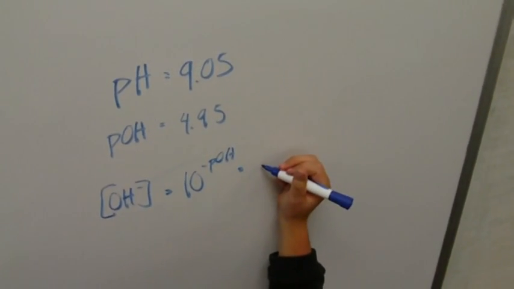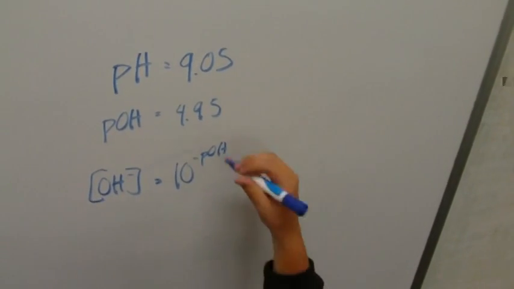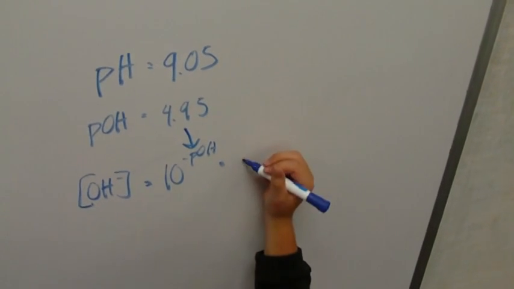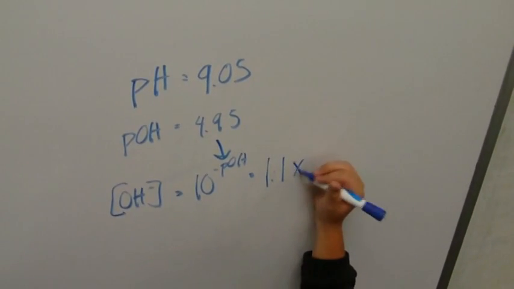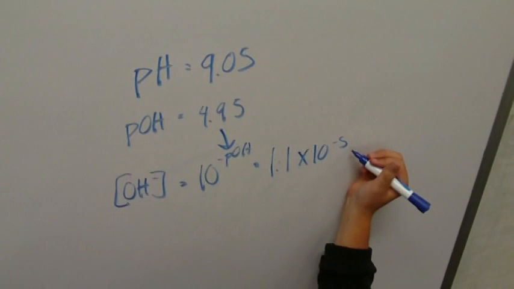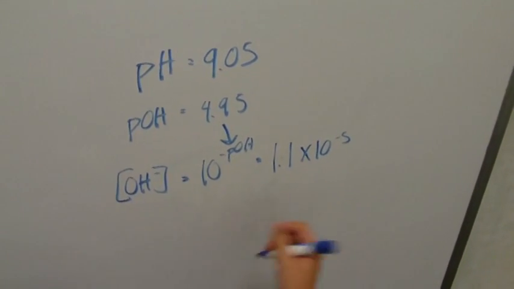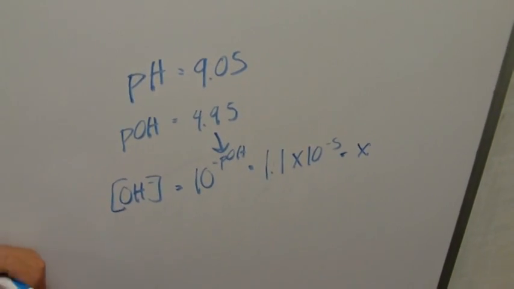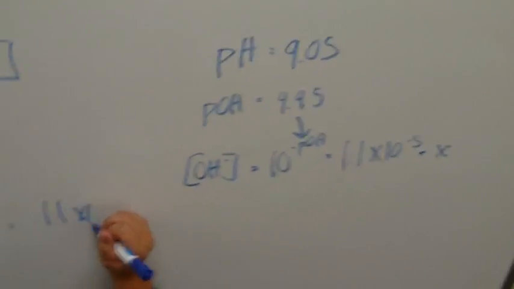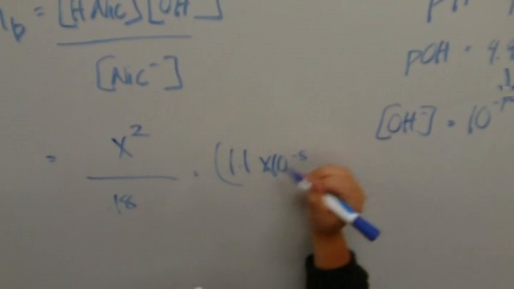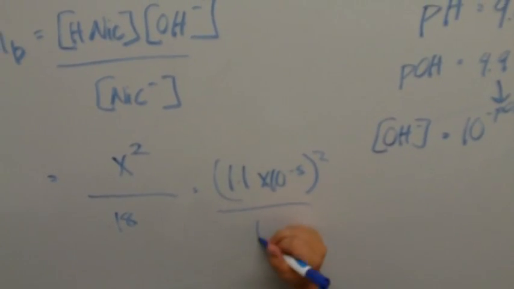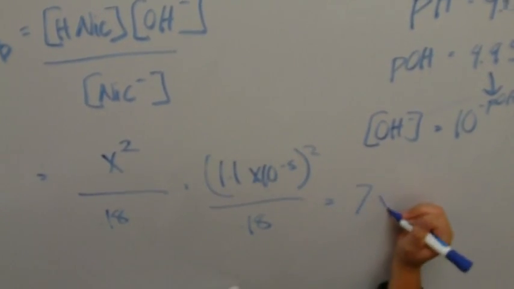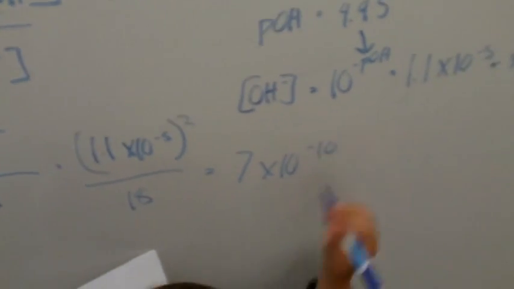So plug and chug, plug that value in right there, and we will have 1.1 times 10 to the negative 5. And that is our OH negative, which is also equal to x. So we're going to plug x in here. So we've got 1.1 times 10 to the negative 5 squared all over 1.8. And that equals 7 times 10 to the negative 10.